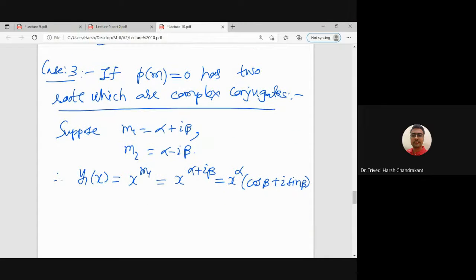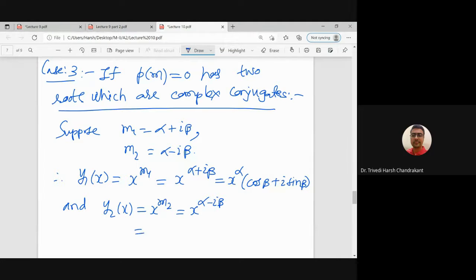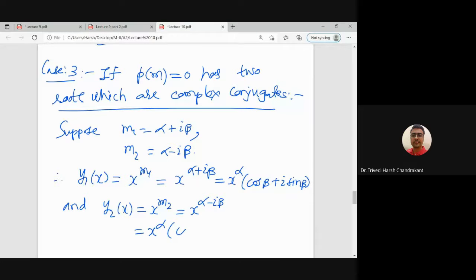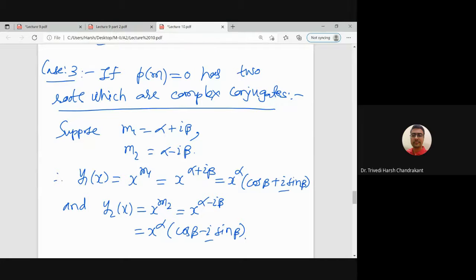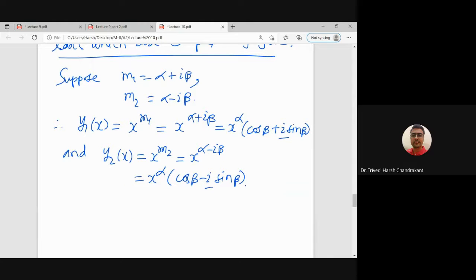And the second solution is x power alpha times cos beta minus i sin beta. So we can see that in this solution we have an i part, but we are looking for the real solution. So we know that if we have two complex numbers, we can find out the real part and imaginary part.